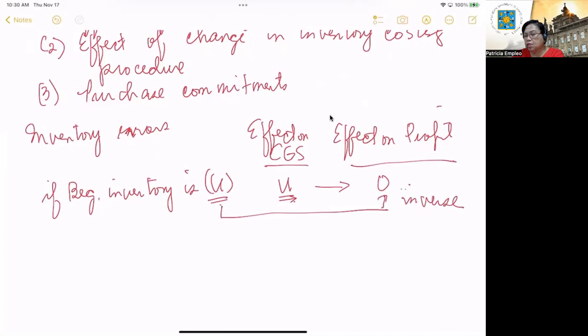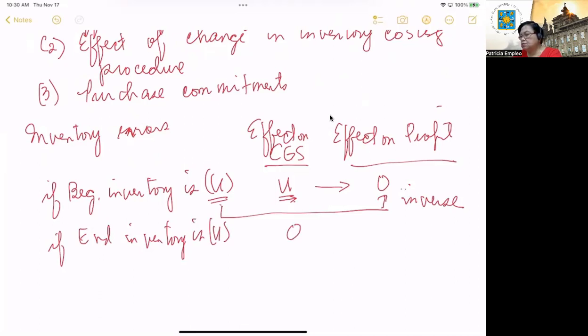Okay, what about ending inventory? If ending inventory is understated, and ending inventory is an item that is deducted from goods available for sale to arrive at cost of goods sold, that means the amount deducted from goods available for sale is understated. So your cost of goods sold would be overstated.